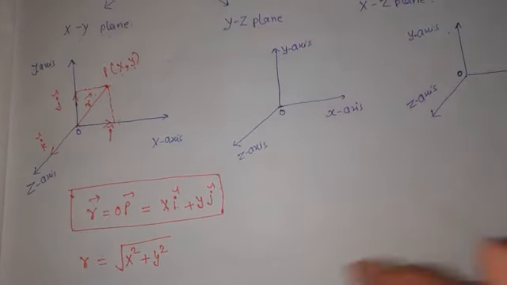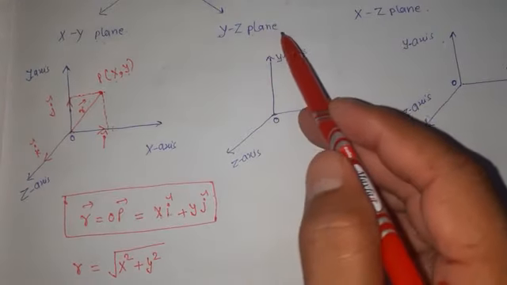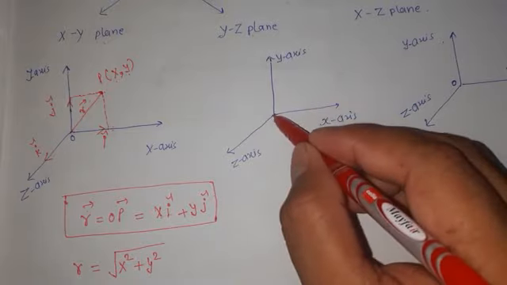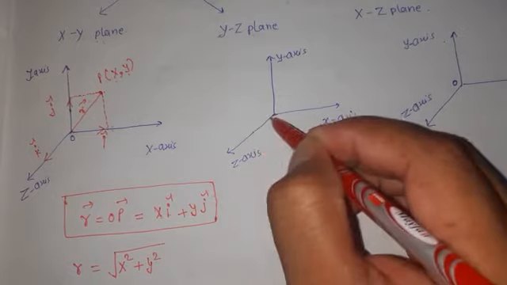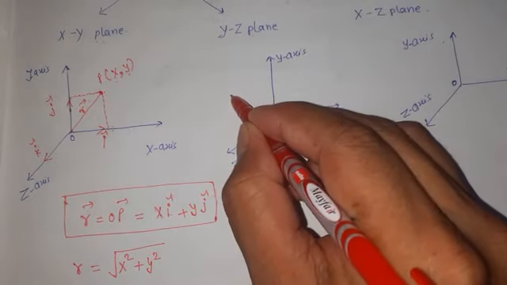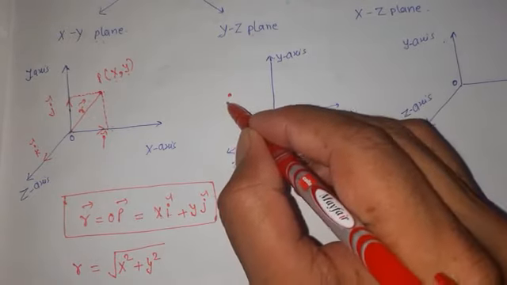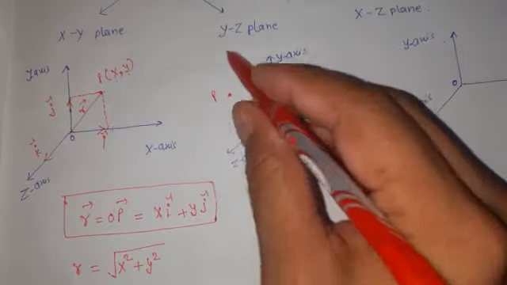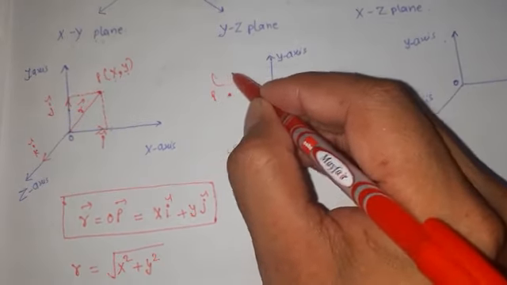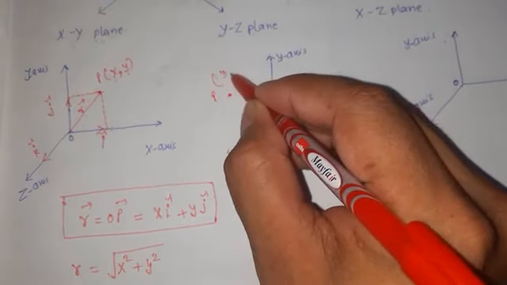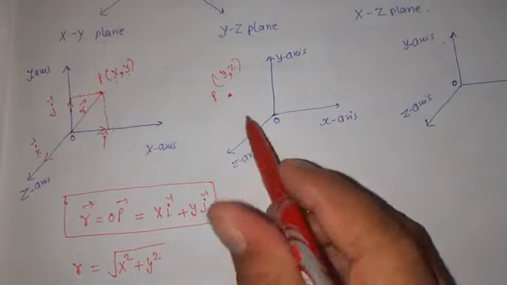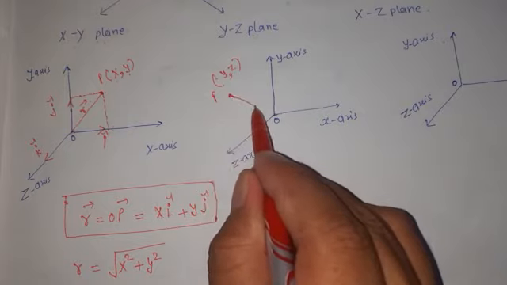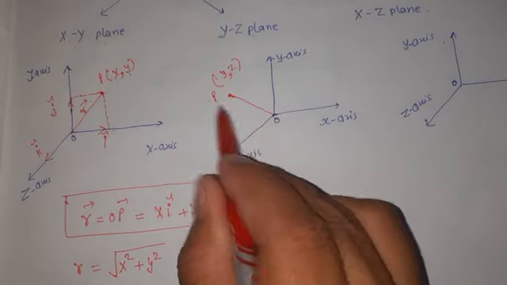Now if the position is in the yz plane, that means the y-axis is this one and the z-axis is this one, so the position will be between y and z. Its coordinates will be y and z. Therefore, how will we write this position vector OP?